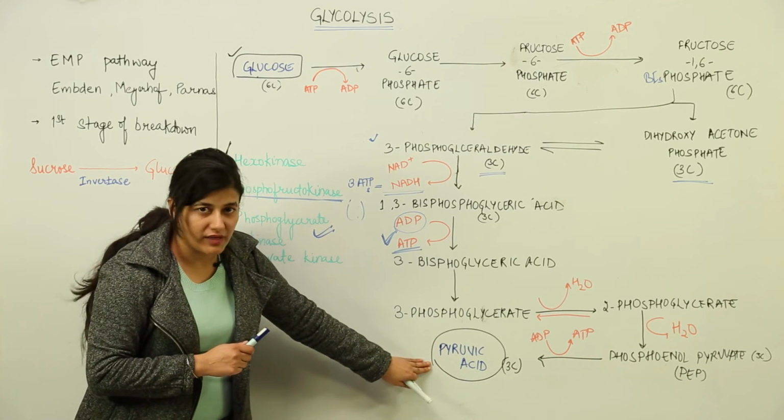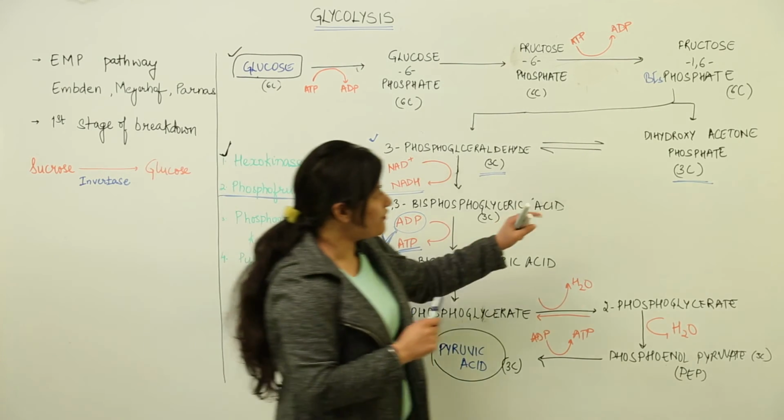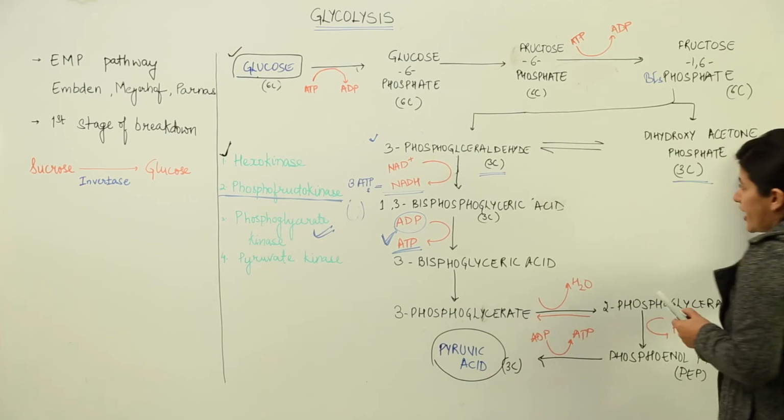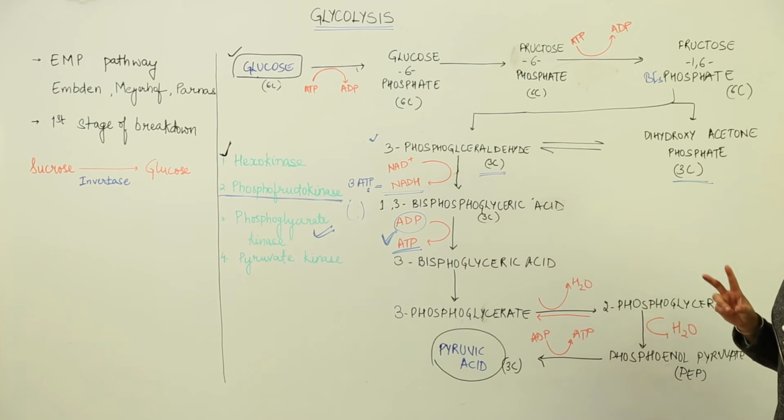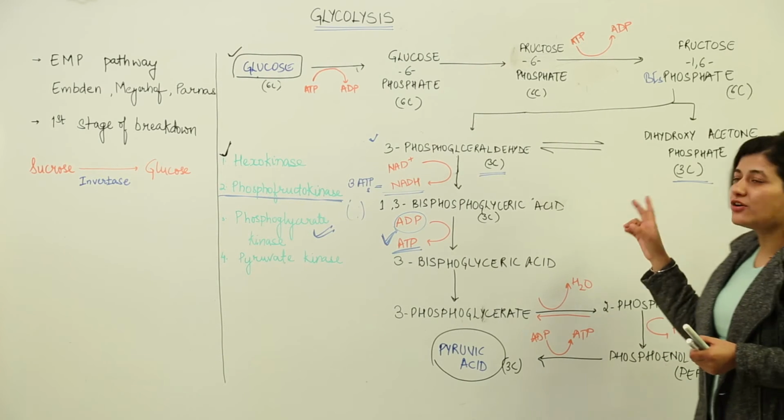One pyruvic acid is obtained in this fashion. The other triose phosphate would undergo the same steps and we obtain two molecules of pyruvic acid at the end of the process.